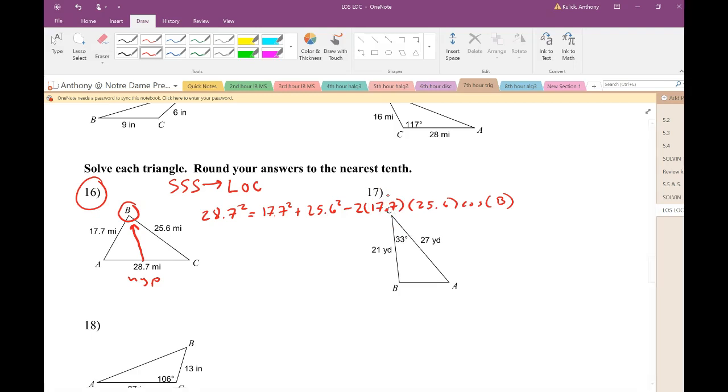So just like before, I'm now going to get the cosine B by itself. To do that, I have to subtract the 17.7 squared and the 25.6 squared from both sides. And then I need to divide by the negative 2 times 17.7 times 25.6.